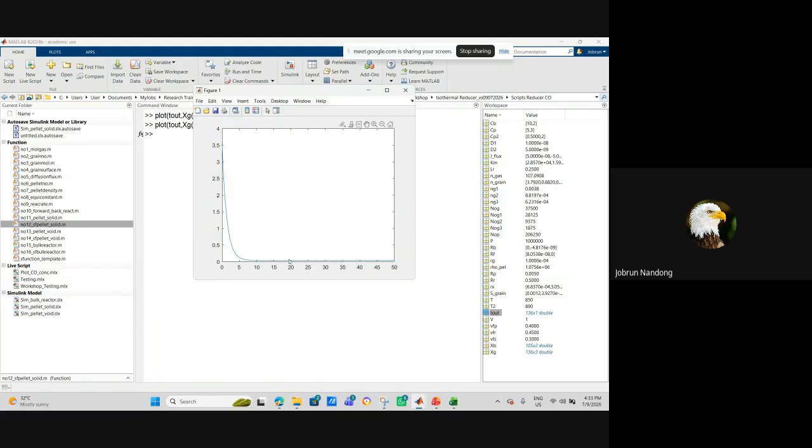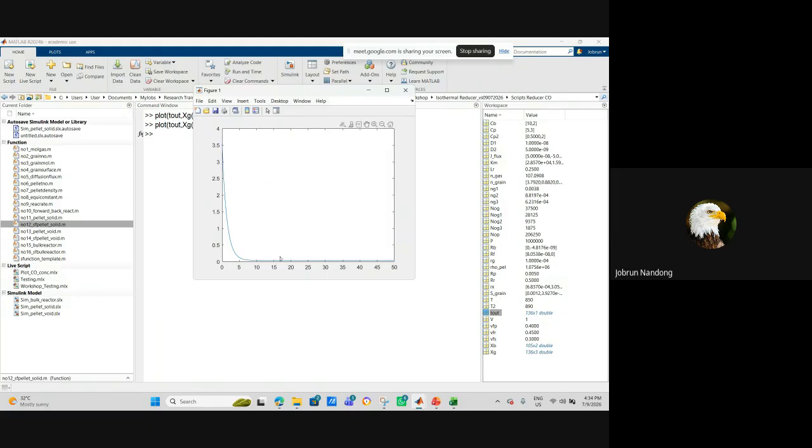This is just a guess, you see. Even though you guess, it still can trace the actual steady state value. If the number of equations is a lot more and your equations are a lot more complex, this might not converge. It would say the derivative is a complex number, meaning you cannot solve it. That's why I prefer to use a small program first, so it's easy to converge.